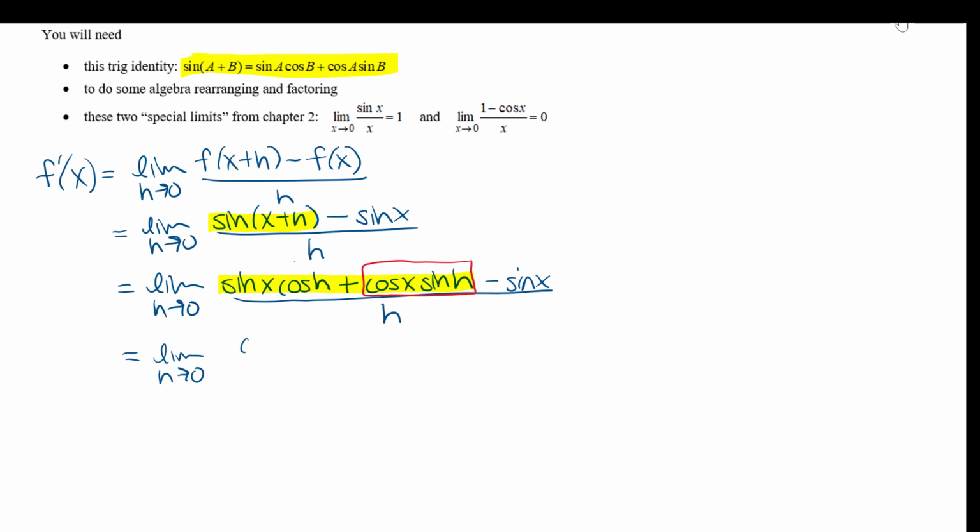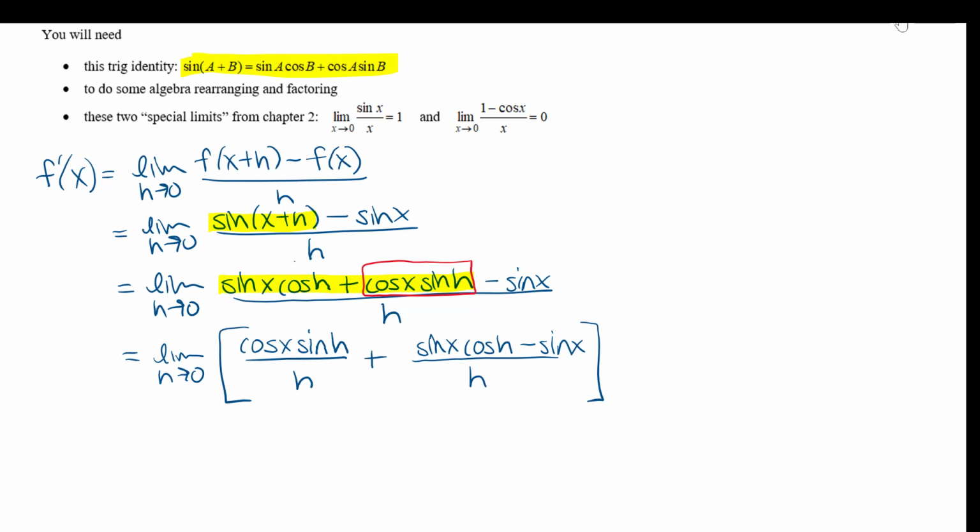So I'll have cosine of x times sine of h all over h, and then I'll have separately, as a separate fraction with the denominator of h, the other two terms, sine of x times cosine of h minus sine of x. Alright, so I've got the limit as h approaches 0 of all of that.